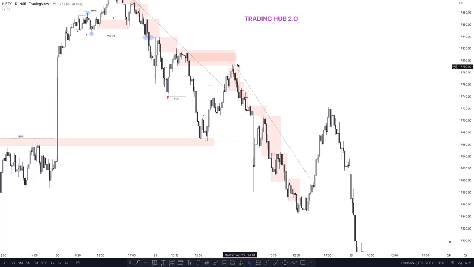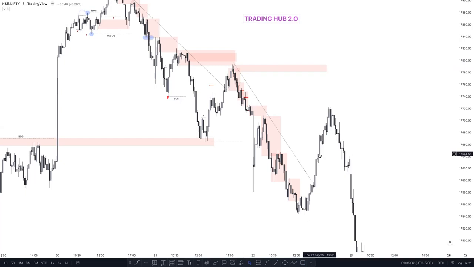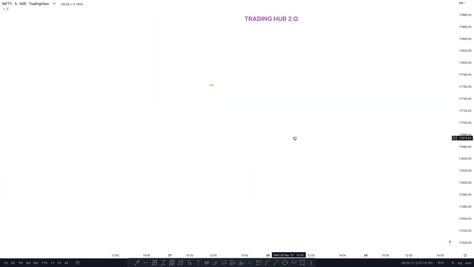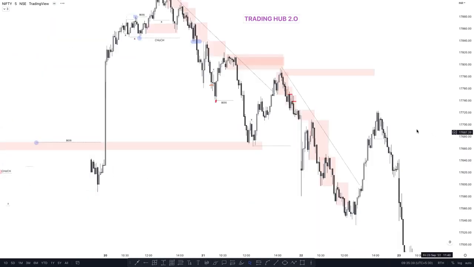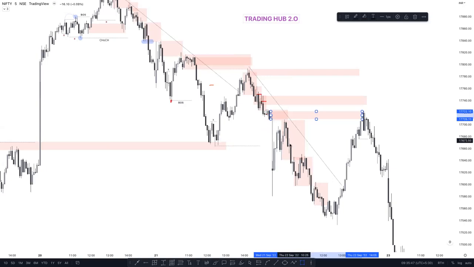If you look from top to bottom, a lot of order blocks are here. First one is here, right? Second one here. And this order block is here slightly, right?